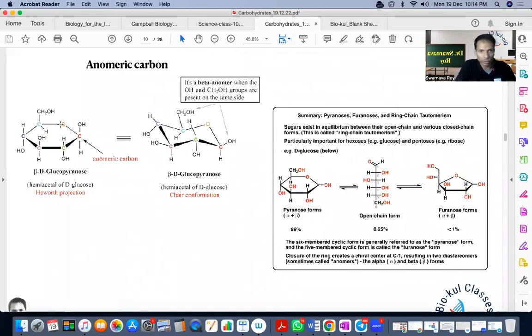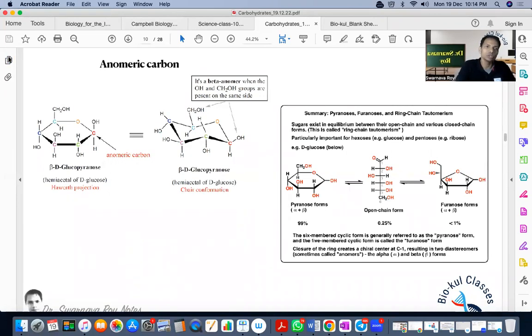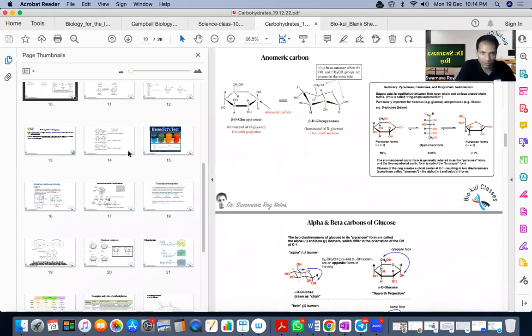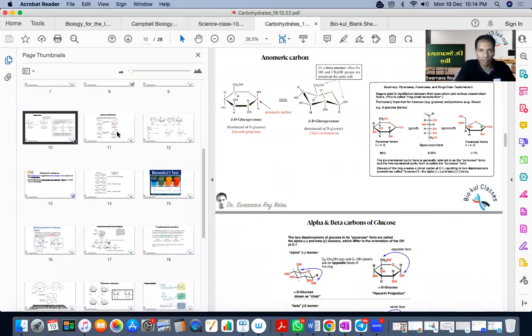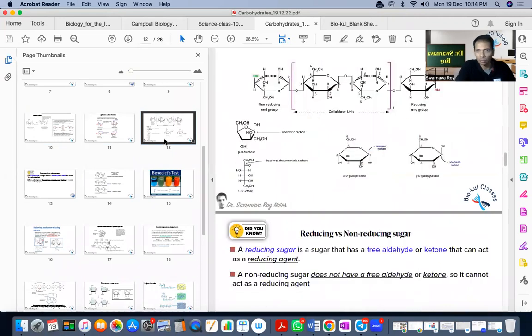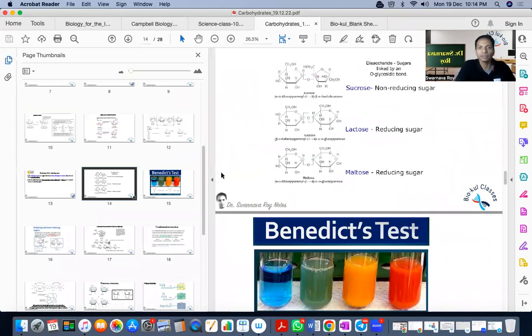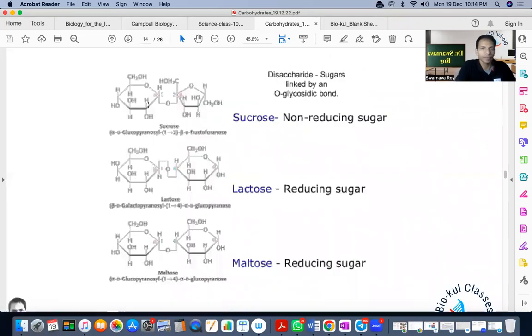This is the carbon joined to the oxygen and the hydroxyl, right? If this anomeric carbon is free, if it is not bonded with any other molecule, then it's called a reducing sugar. That means this sugar can reduce other compounds, other molecules. So this is basically how a reducing sugar looks. Let's compare these three.